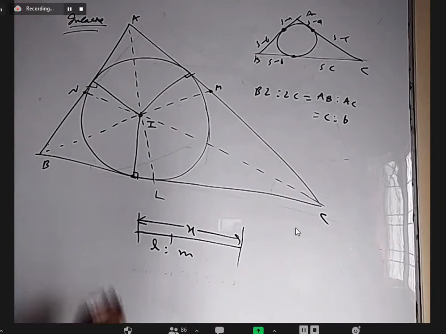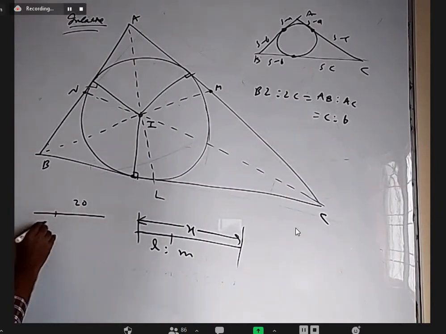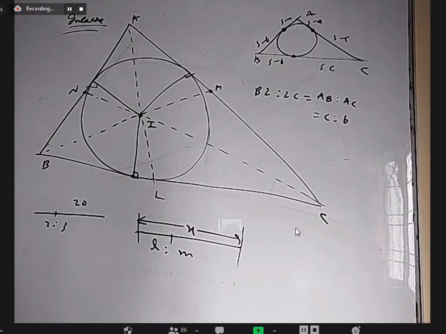If I have length 20 and want to divide it in the ratio 2:3, there are 2 parts here and 3 parts here, total 5 parts. 5 parts is 20 units, so each part is 4.